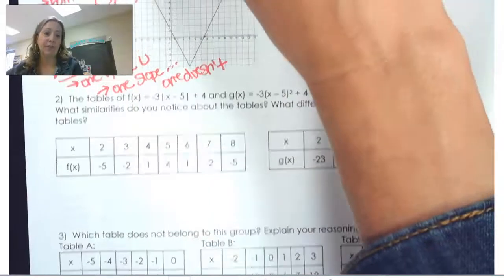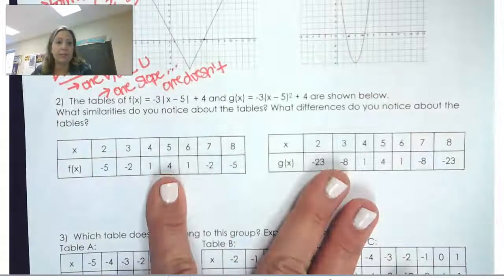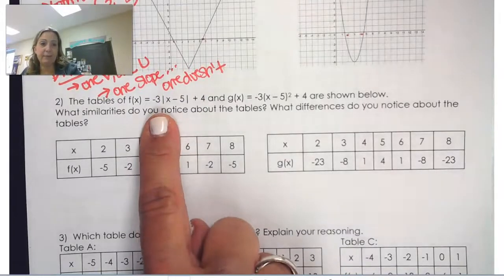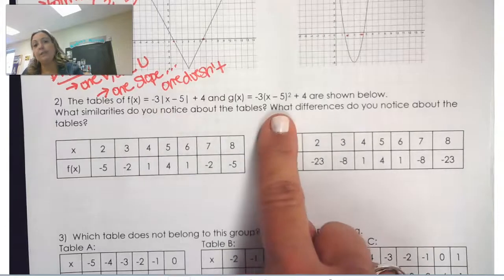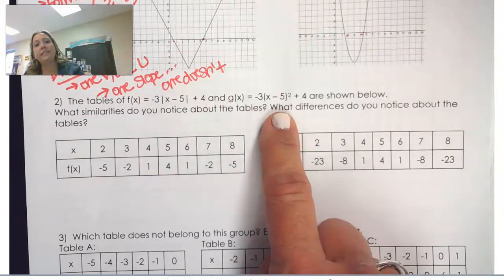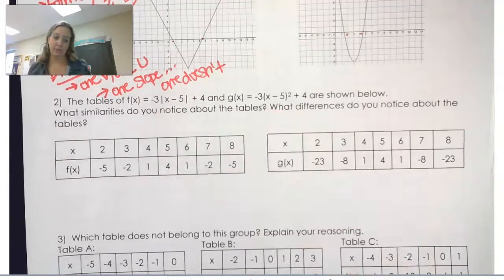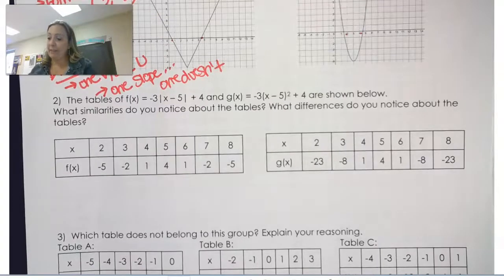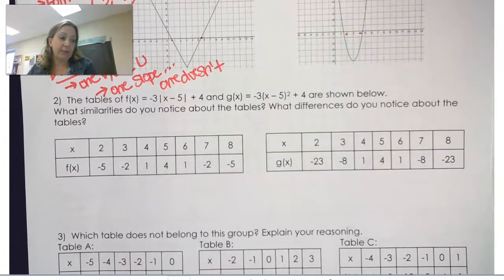Another option you would have had is to look at these 2 tables. Here are the tables of f of x equals negative 3 times the absolute value of x minus 5 plus 4, and a different function, g of x, equals negative 3 times the quantity x minus 5 squared plus 4. What similarities and differences do we notice about the tables?